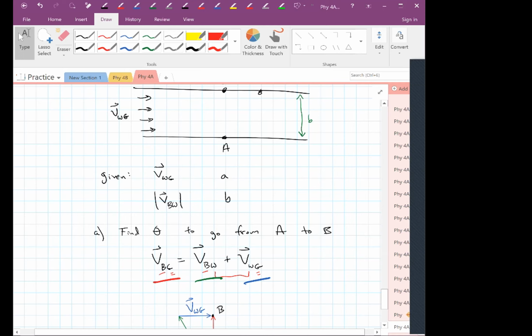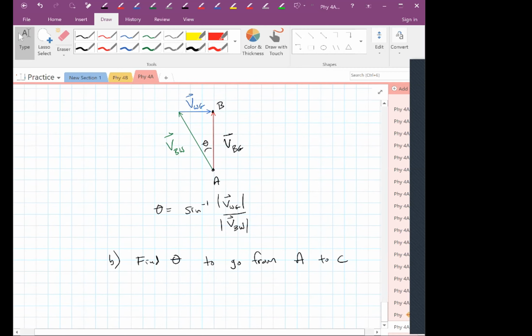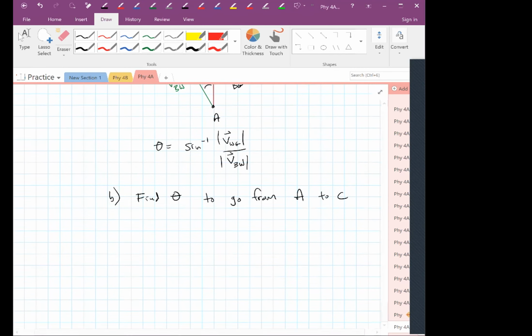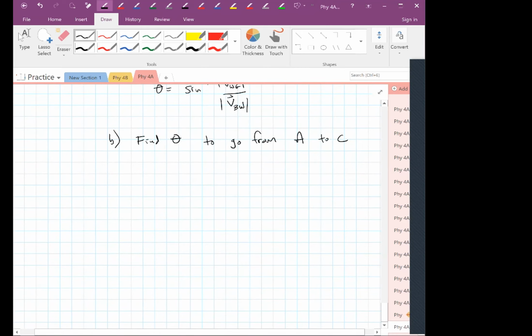Just you can scan it all and turn it in, or not. Those dimensions were given, remember?